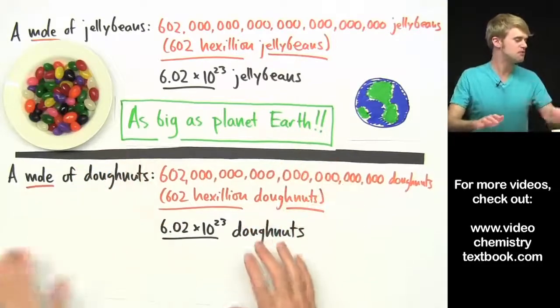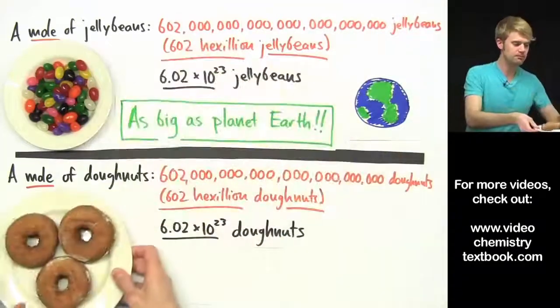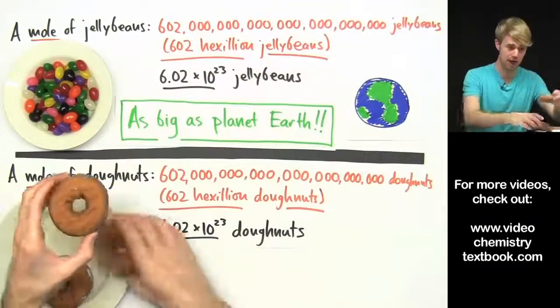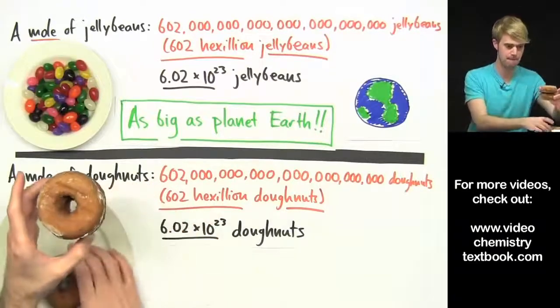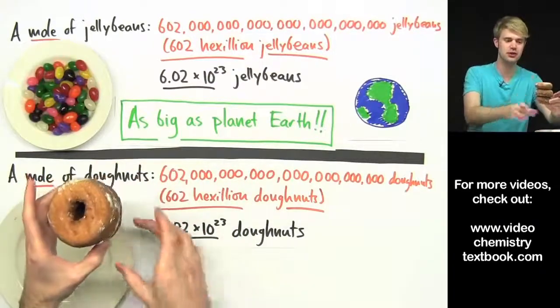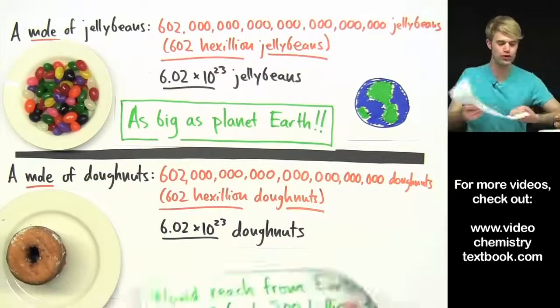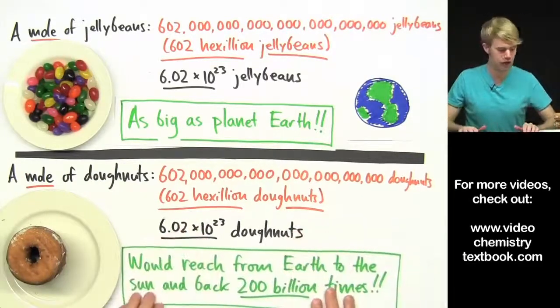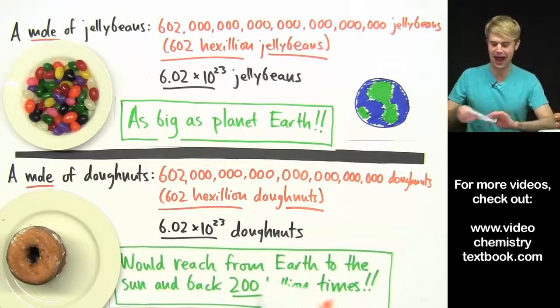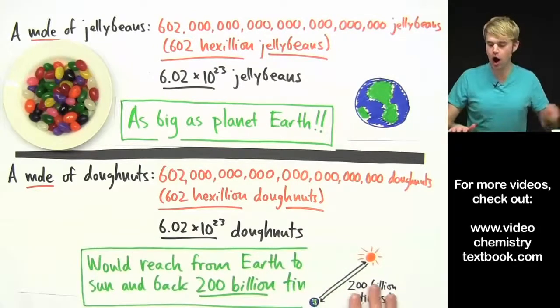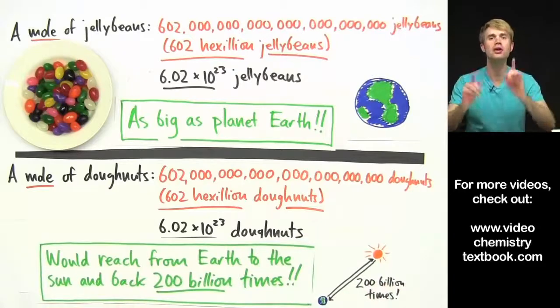If we had this many donuts and we stacked them on top of each other like this, and we had 602 hexillion donuts and we kept making this stack, it would reach from the Earth to the sun and back 200 billion times.